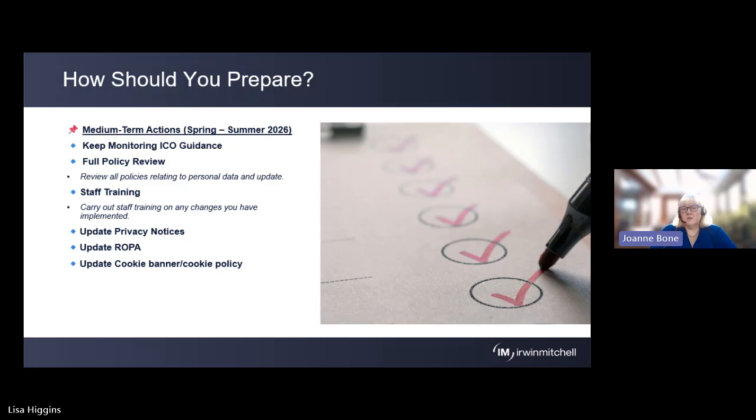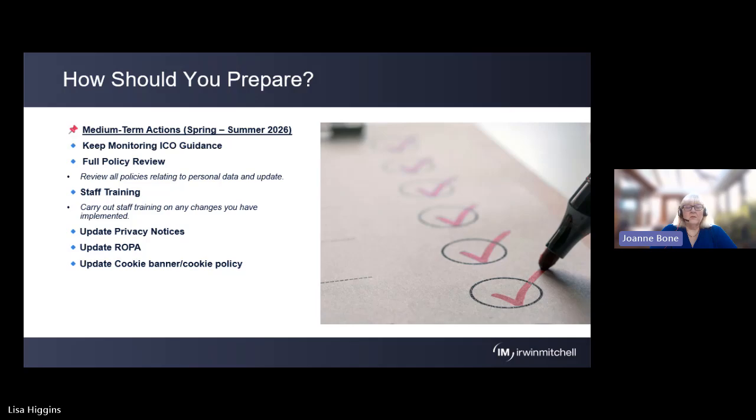Look at your privacy notices. If you are moving into more EdTech, if you're wanting to do more AI, have a look at whether or not your privacy notices are transparent enough. Update your data map or record of processing activities, and have a final look at your cookie banners, cookie preference centers, cookie policies, to make sure that they reflect any changes that you've made on the back of the relaxation of the cookie laws.